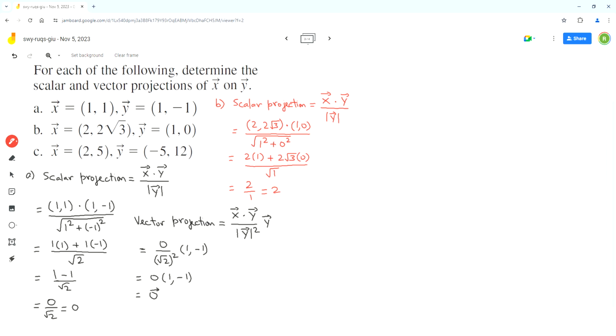Now we can find the vector projection. So we can use the given vectors. The magnitude of y is equal to 1.